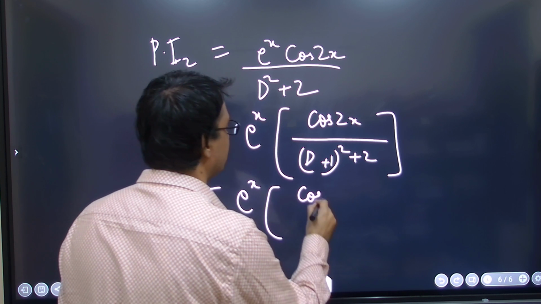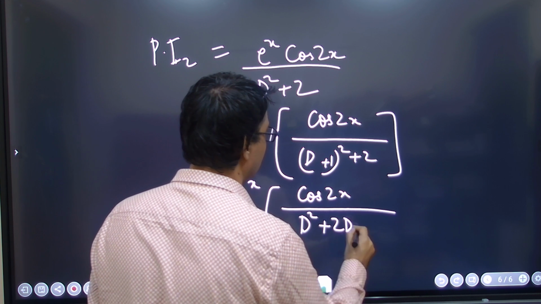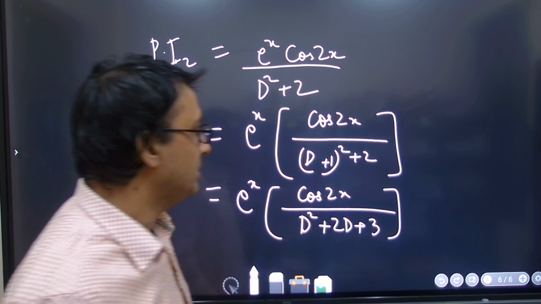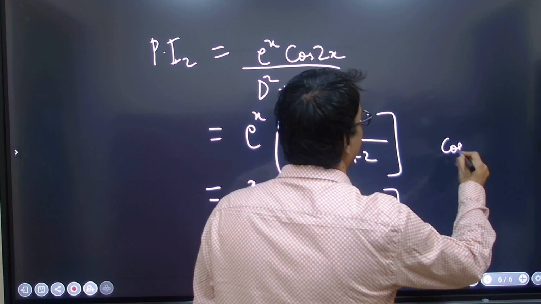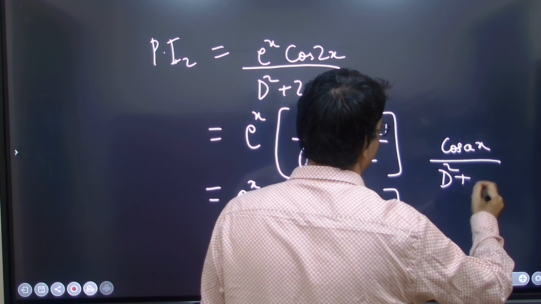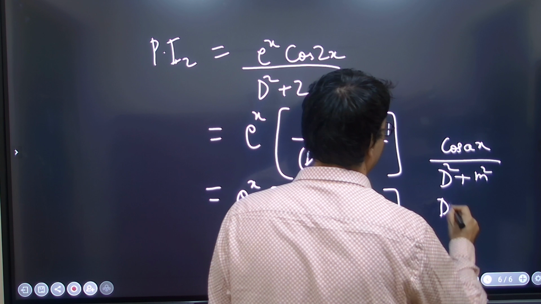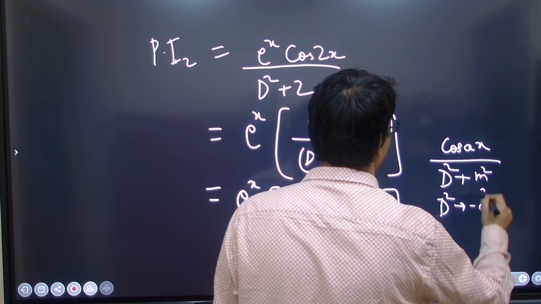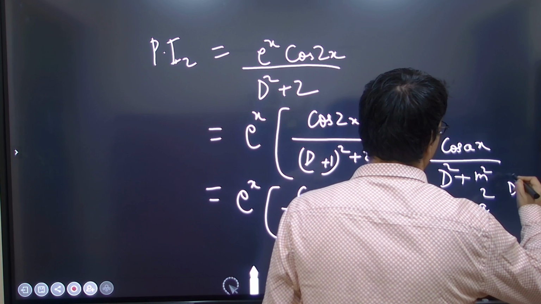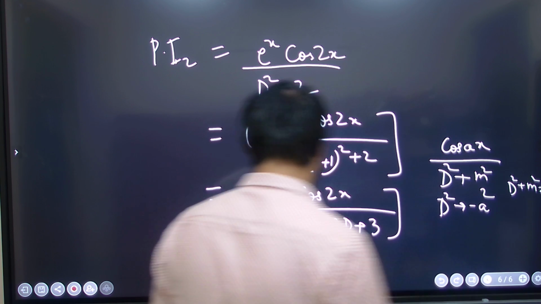Now this is your cos of 2x with e to the power x. This is D square plus 2D plus 3. Now we can use the property that when we have this at some factor, we can place the value if the denominator is not 0.